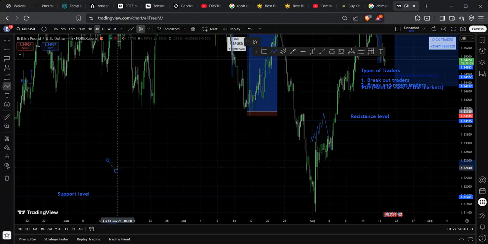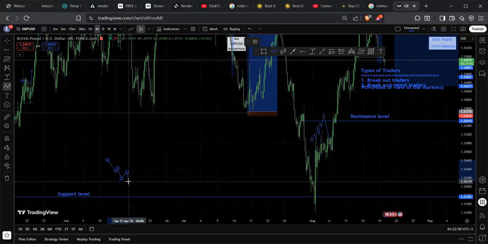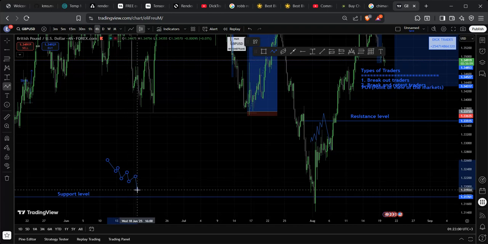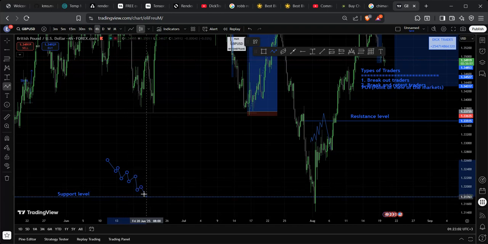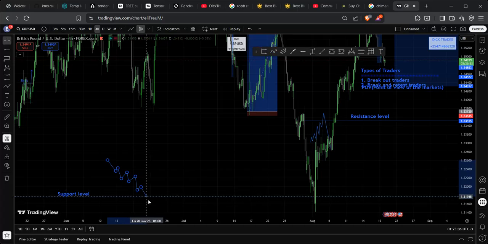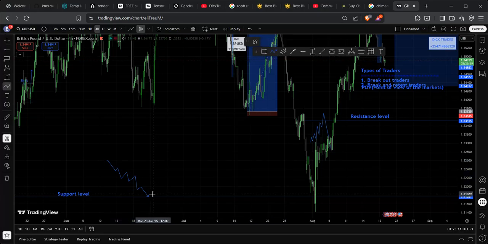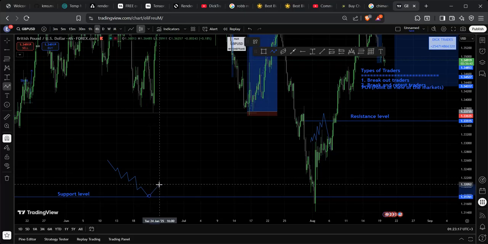Price is coming like this, goes up. Expect price to hit here, then after it's hit there, we'll start pushing to the upside. Let me just finish drawing.